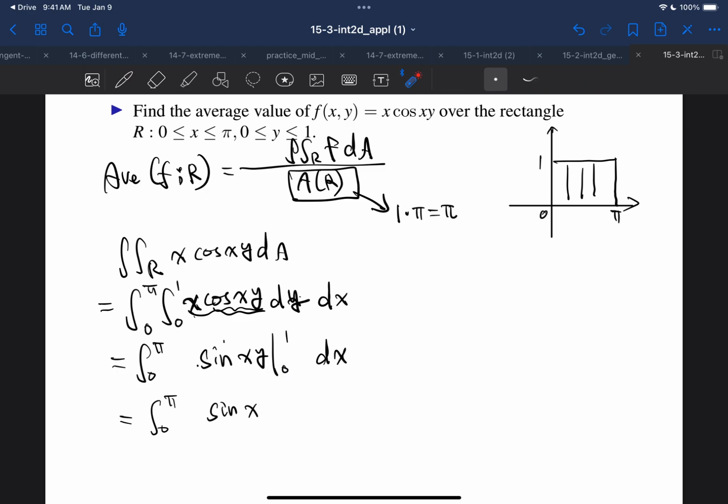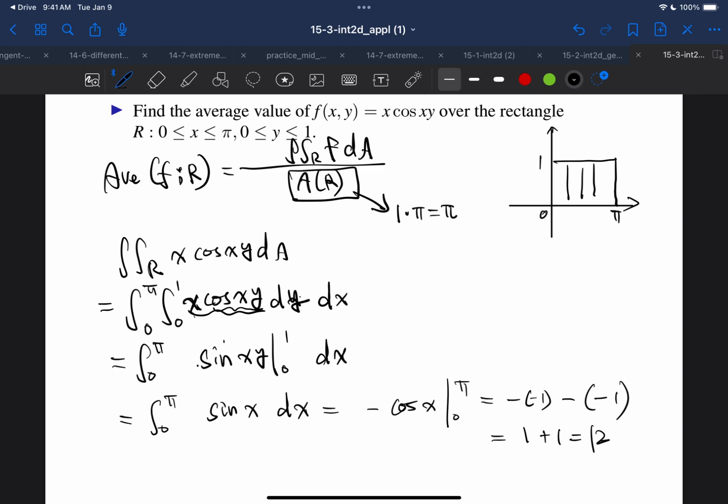When you put 0 into y place, then sine 0 is 0, so we don't have to write anything further. And then this is negative cosine x, 0 to pi. So negative 1, cosine pi is negative 1, minus negative cosine 0, which is 1, plus 1 equals 2.